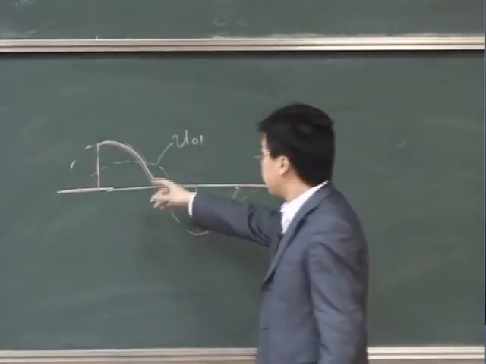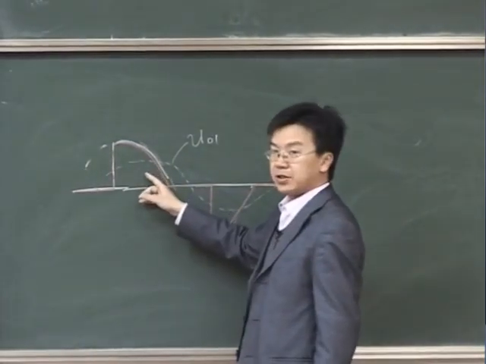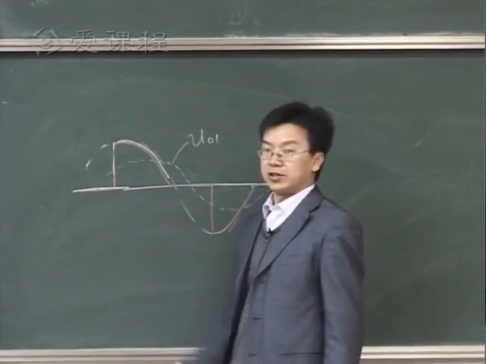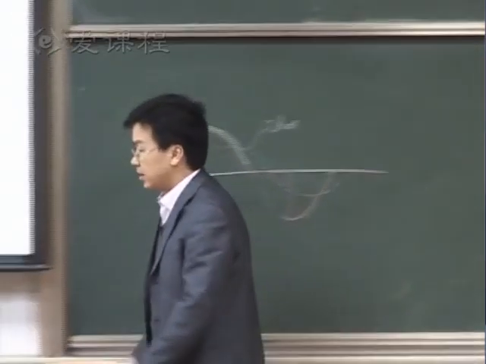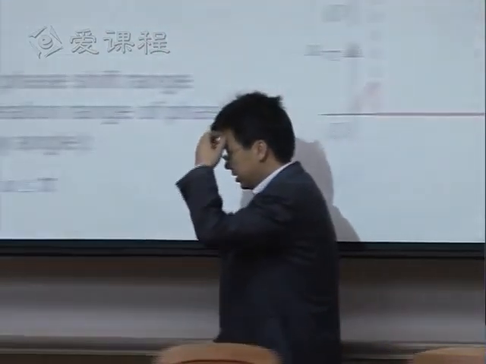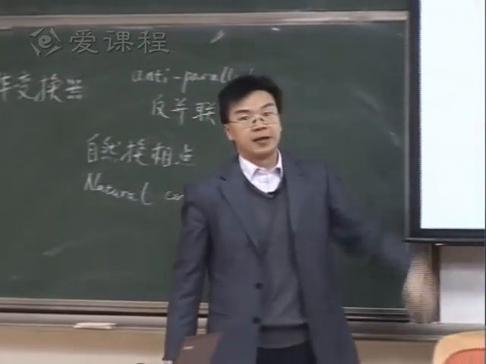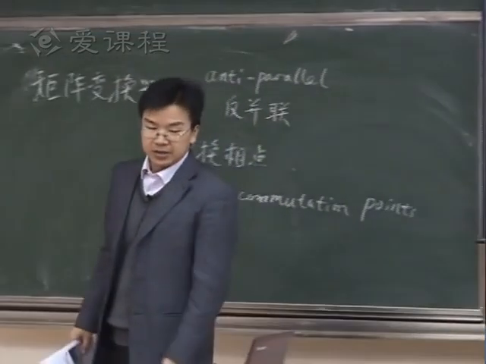And actually the magnitude of this fundamental component will be changing when this triggering delay angle alpha is changing. Okay? So in this sense, we are calling this power converter an AC voltage controller.